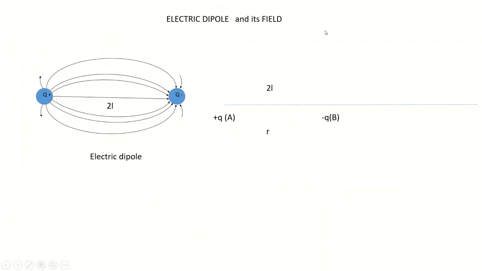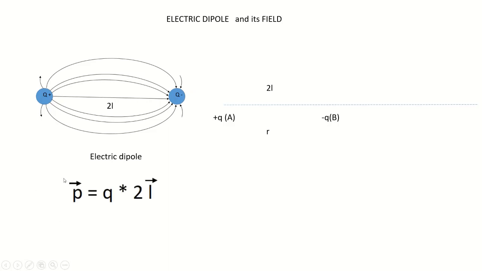So now we are going to discuss the electric dipole and its field. As previously shown, a dipole system comprises two equal and opposite charges placed with a small distance gap. Here it is 2L. Now we are going to measure the dipole moment.